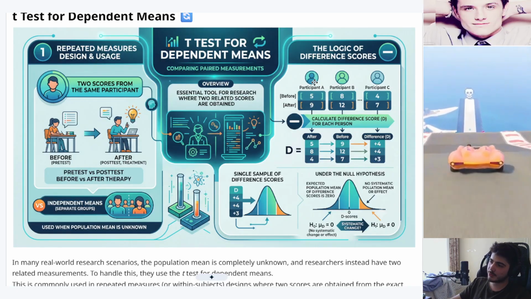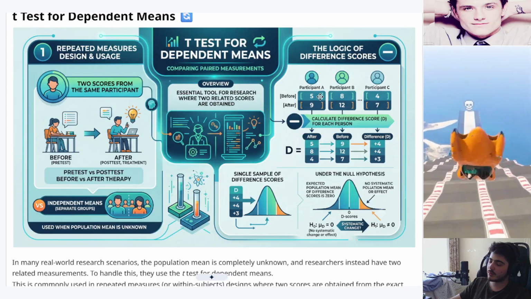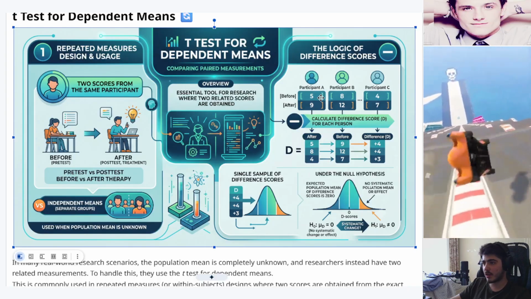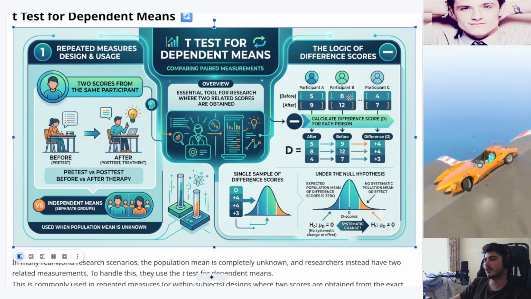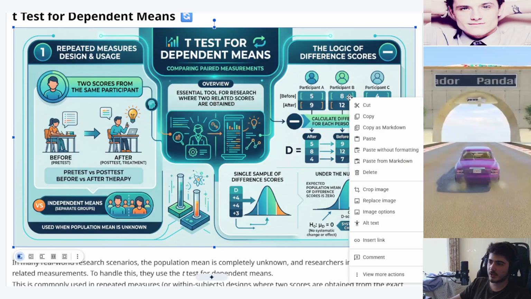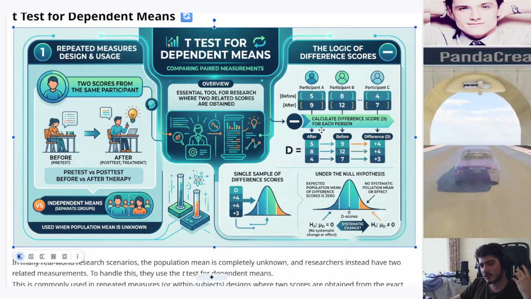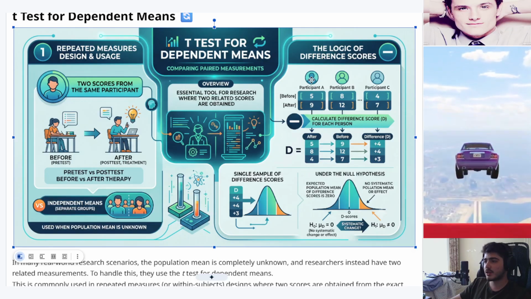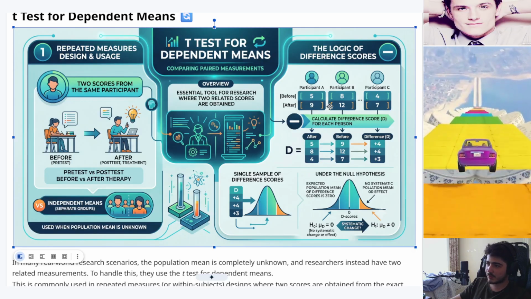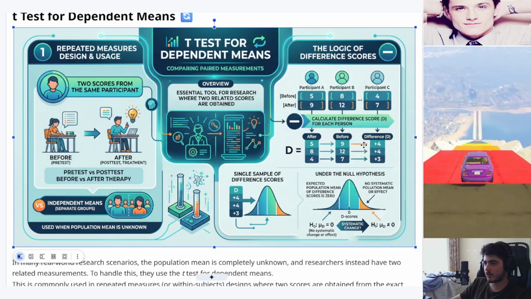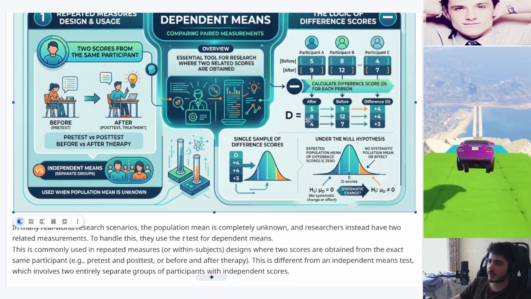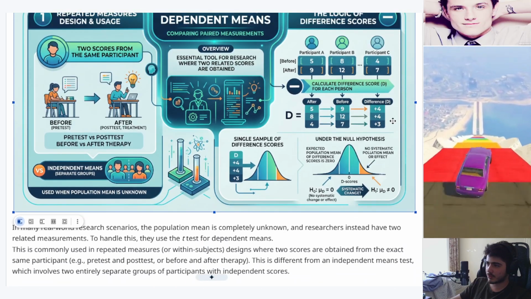So as you can see, we have participant A. Before they were scoring 5, but after they scored a 9. Participant B, before they had an 8, after they had a 12. And it goes on and on. So we create a difference score for each person. 5, 8, 4, etc. Yes, these are the difference scores.